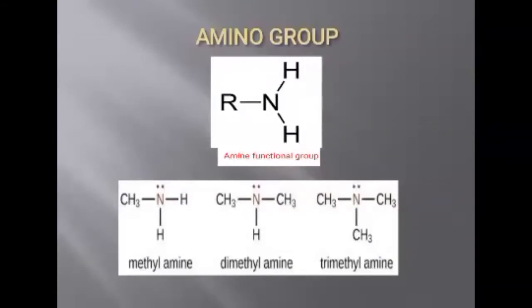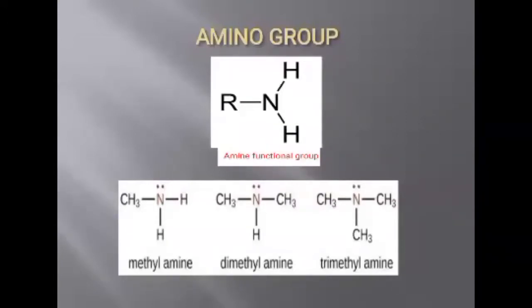The first one, which is methylamine, is the primary, where we have the R, which is CH3, attached to NH2. Then when we have a hydrogen and a CH3 hydrocarbon attached, we call it a secondary amine, which is dimethylamine. Then if you look at the third one, you see that the nitrogen is attached to three hydrocarbons, that is CH3, CH3, CH3. That is trimethylamine.